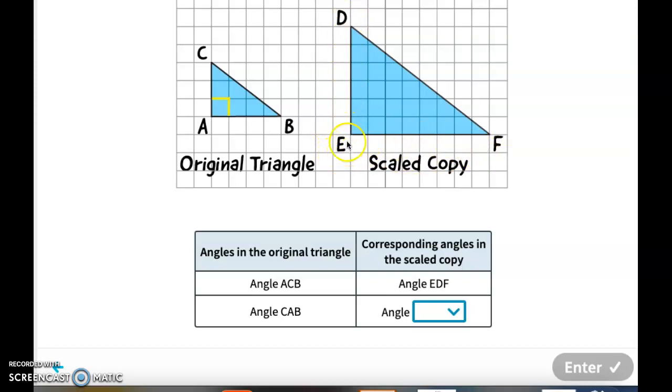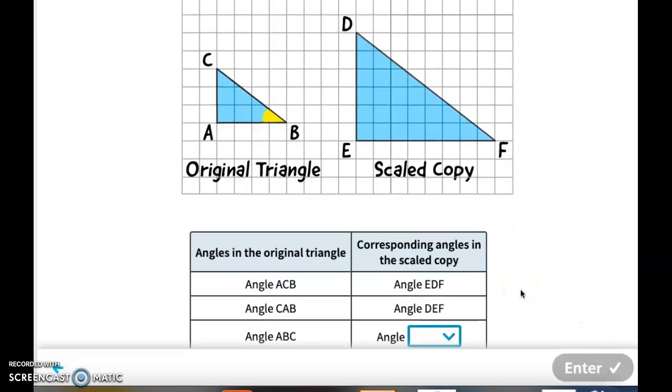I just need to make sure that E is in the middle of the points to indicate this angle right here. Since there's a drop-down choice, I will not worry about going backwards and just make sure that the E is in the middle. And we're excellent. So those are corresponding angles, just like corresponding sides.